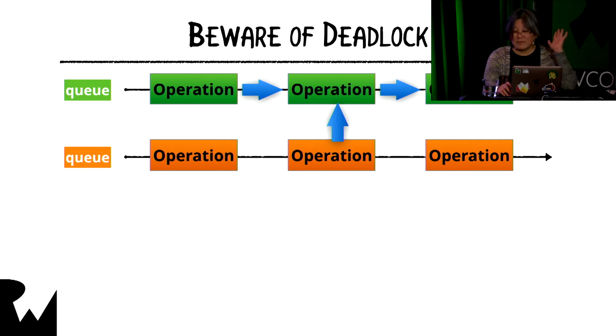That's perfectly fine. No problem so far. There's a problem. Okay? If the middle operation in the bottom queue depends on the last operation in the top queue, it's a cycle. And there's no way that can ever complete. And you've got deadlock. Okay, so you just have to draw the pictures and look for the cycles, and then somehow try to work around them.